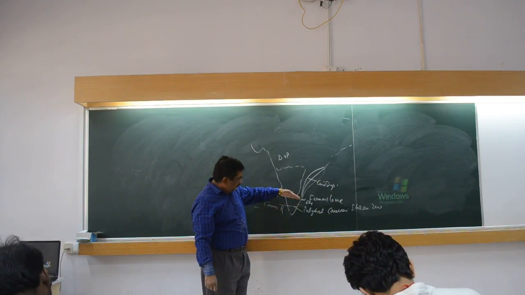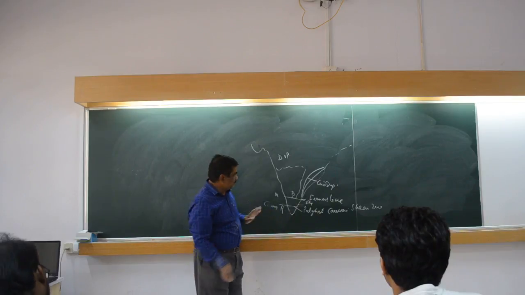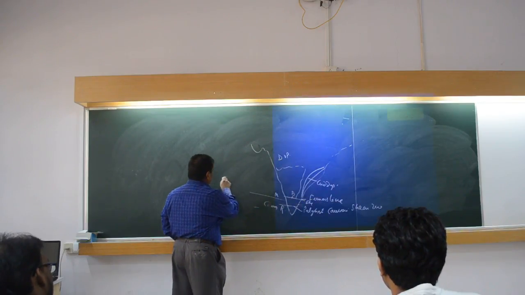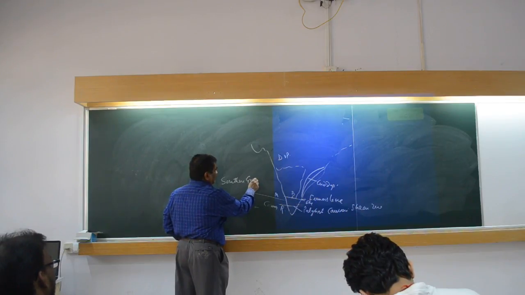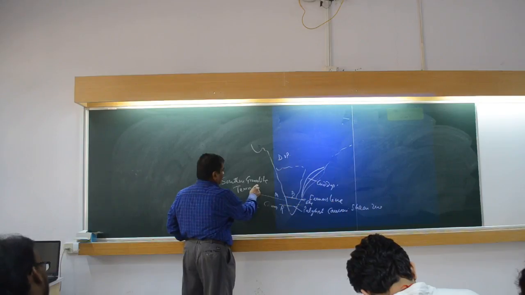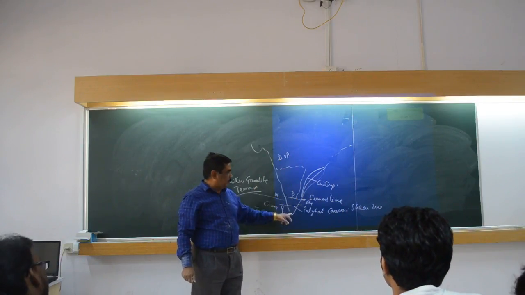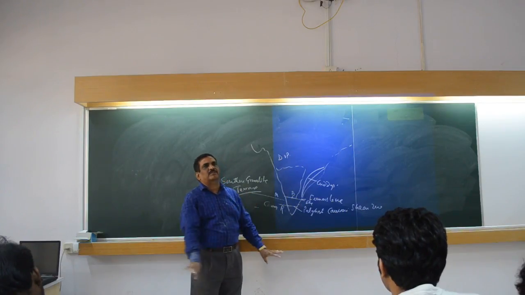So this Fermor's line to southern tip is known as southern granulite terrain. Southern granulite terrain. कहाँ से कहाँ? Fermor's line to southern tip. Southern granulite terrain means here everything is granulitic rocks.